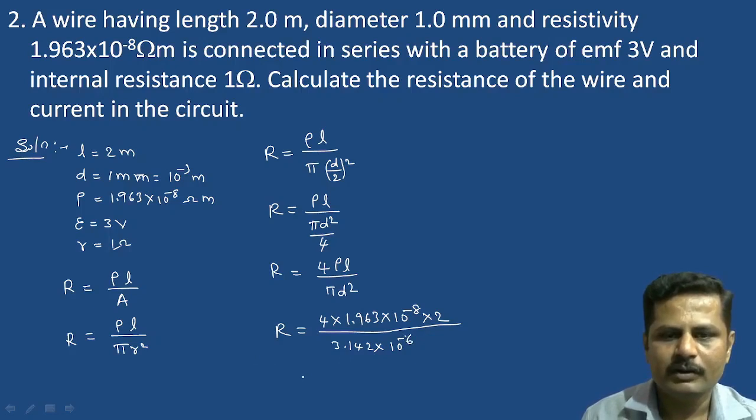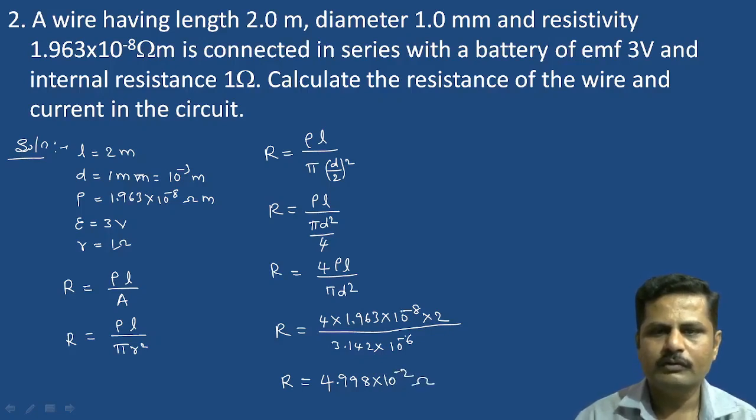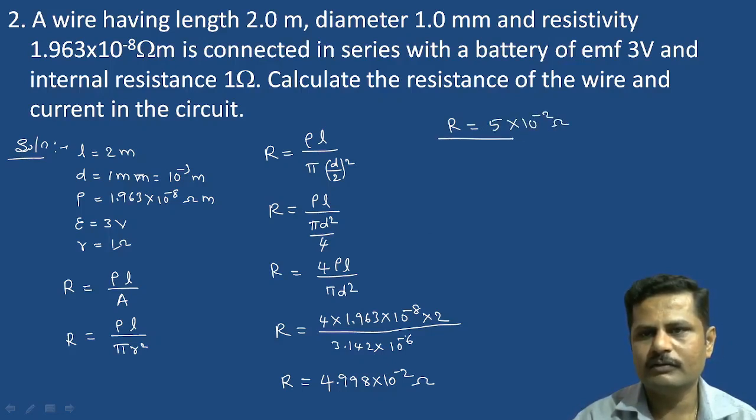On calculating we get 4.998 into 10 raised to minus 2 ohm. This is very nearly 5, so we can express the resistance as 5 into 10 raised to minus 2 ohm.